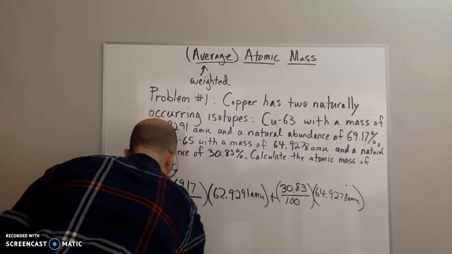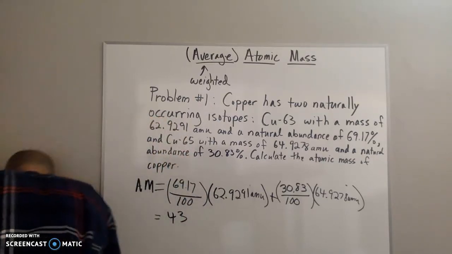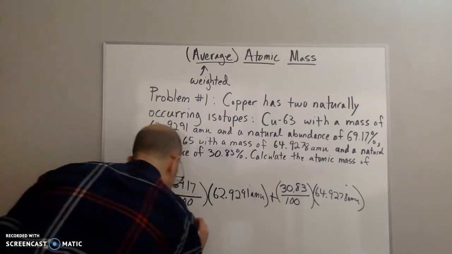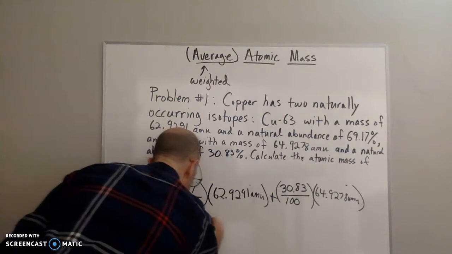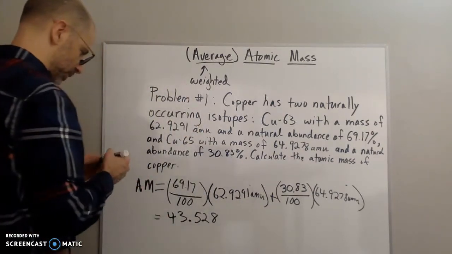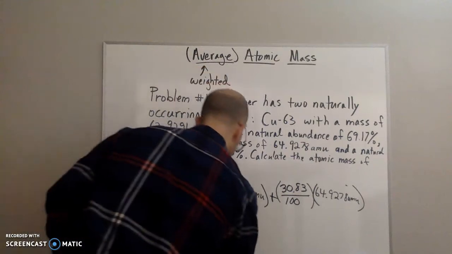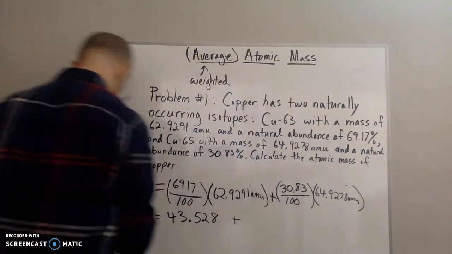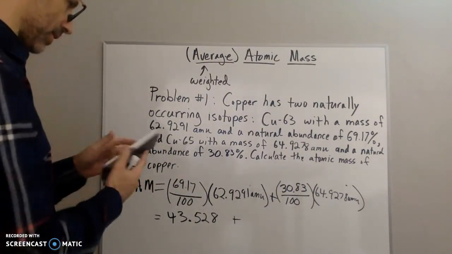So this is going to be 43.528, and then there's more digits, but that's enough. And then I'm going to add to that this. So let's calculate what that is.